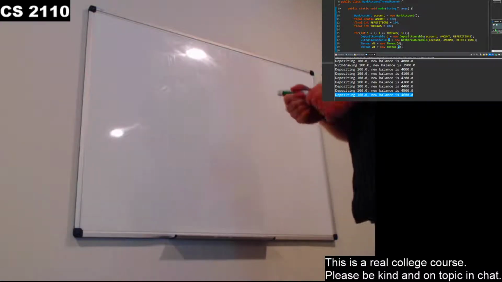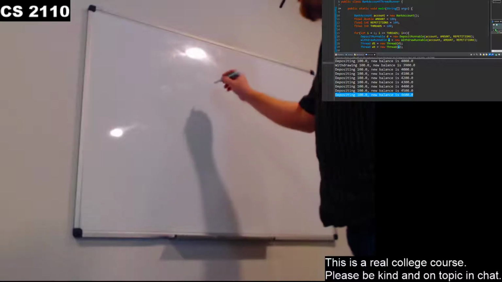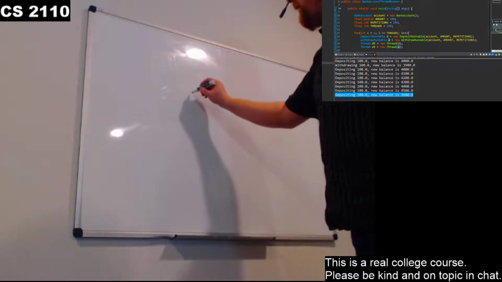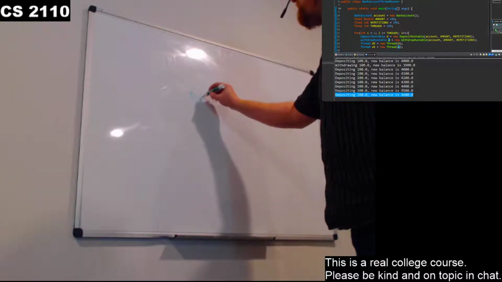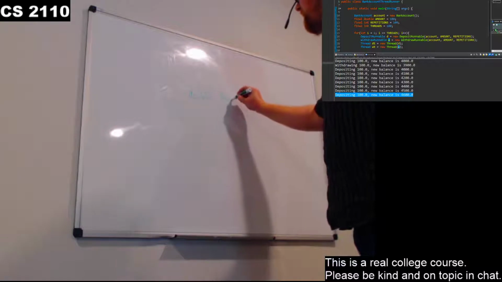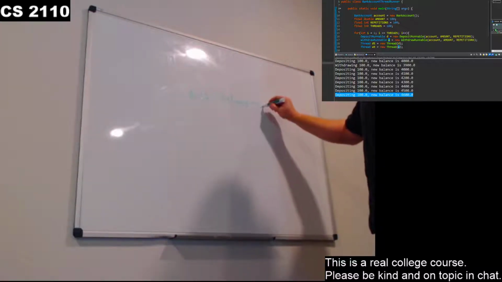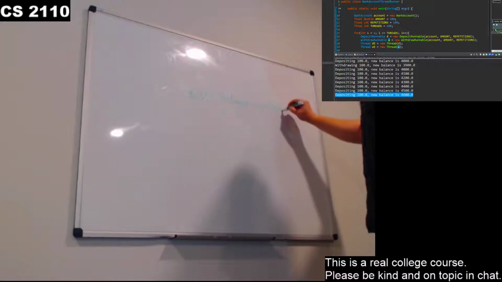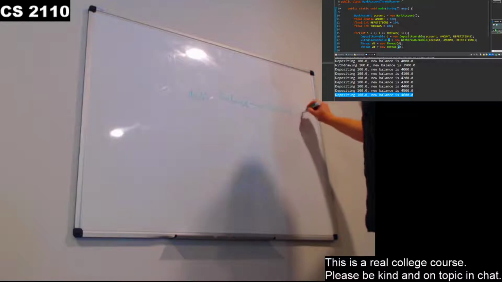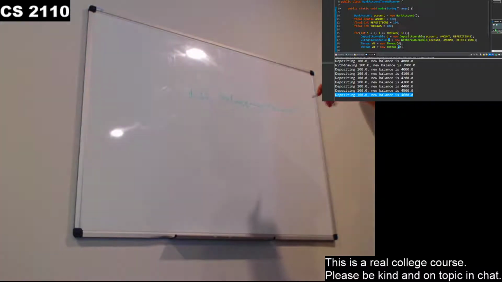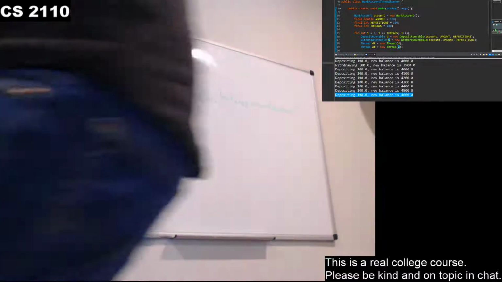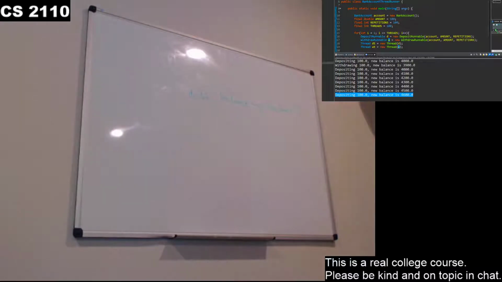What is happening is that we have code that says: double balance equals getBalance on the account. And I'm writing pseudocode here. I'm not trying to make this exact. This isn't showing up at all, is it? Yeah, that's not showing up at all. Okay. I'll just draw this on the computer screen.